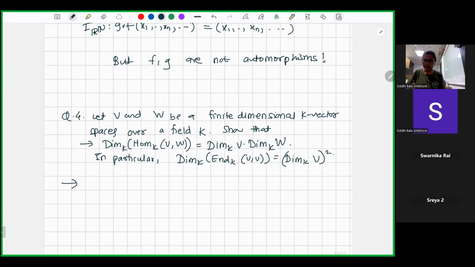It is mentioned in the lectures, but it is not proved as far as I remember. Even if it is, let us go through it once more.